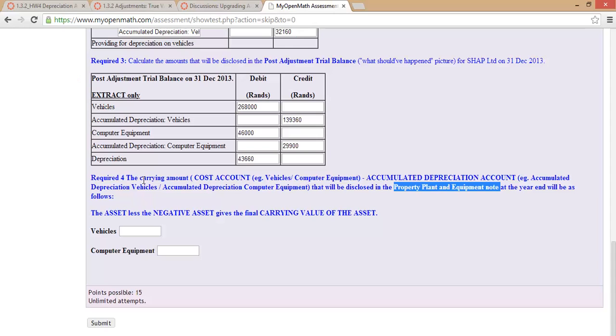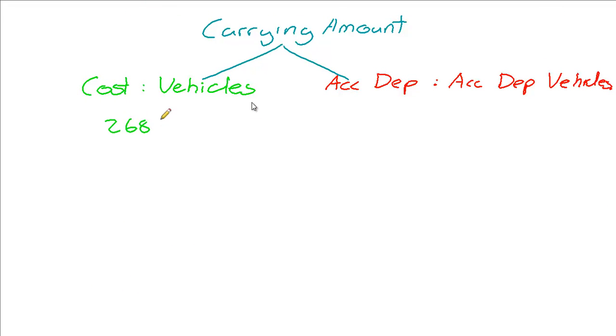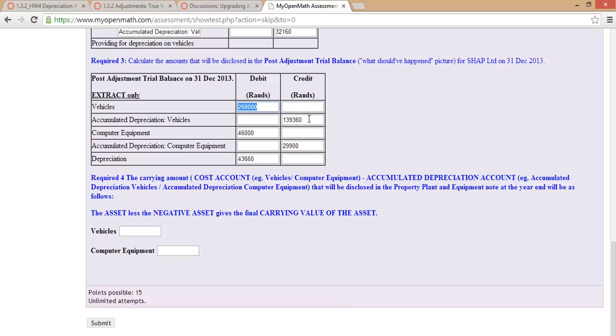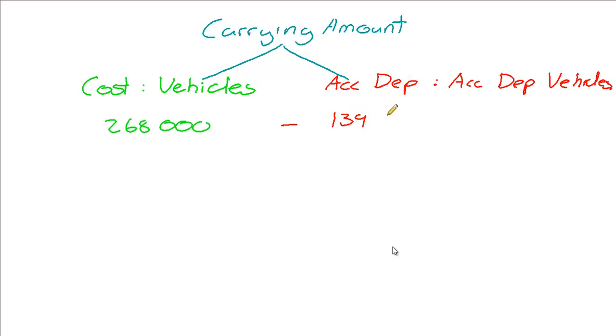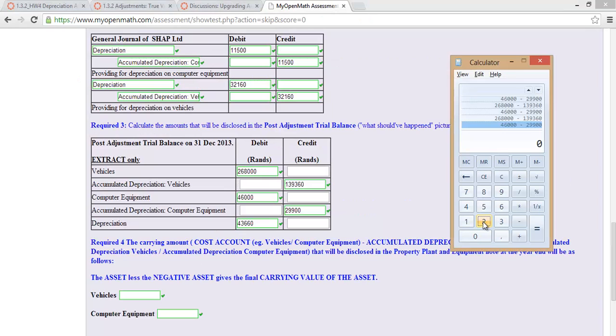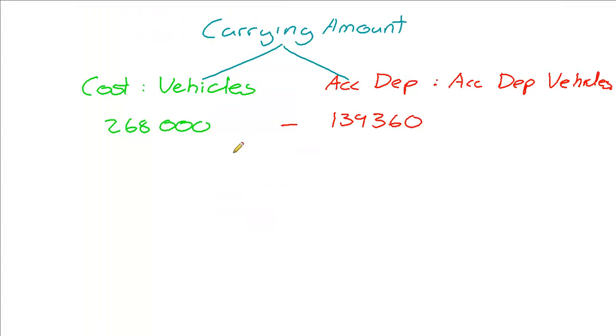Let's quickly do the first one. The carrying amount for vehicles is going to be the positive cost account, 268,000 minus my negative accumulated depreciation account, which is 139,360, and that's going to give me a carrying amount of, we have the calculator here, 268,000 minus my accumulated depreciation 139,360, which is going to give me the carrying amount of 128,640.